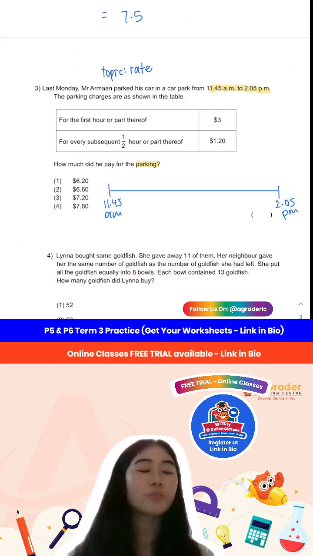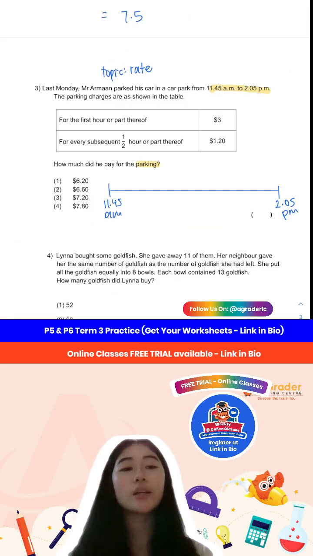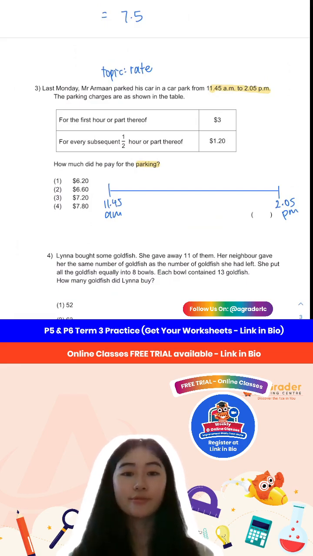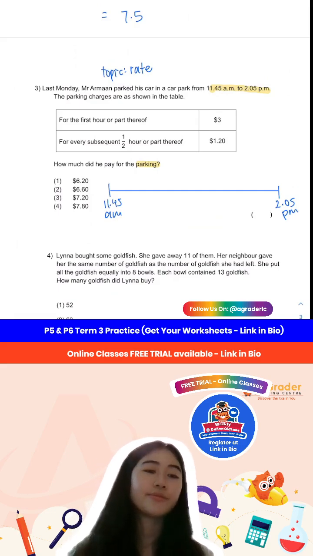Okay, our first answer, let's see. Xiu Chin says it's number 2. Okay, anybody else? Who else has already solved the question as well? Octopus, you have the same answer.